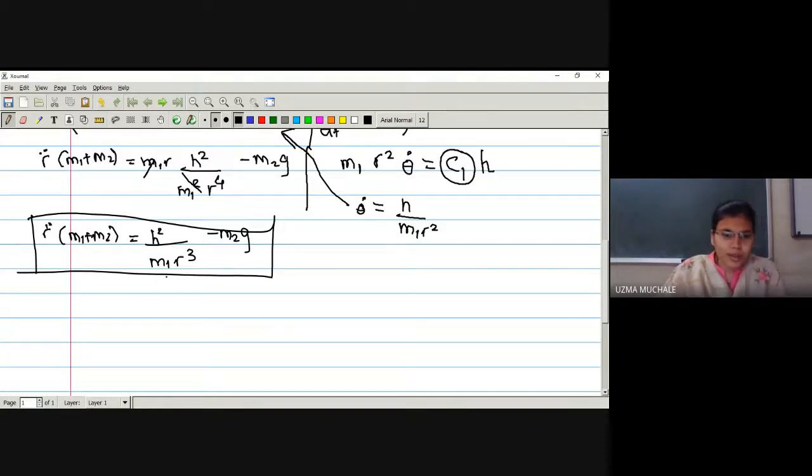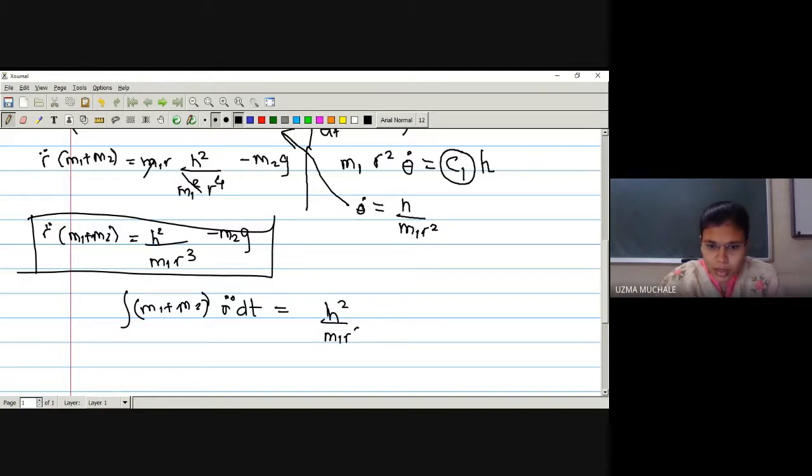Because it is somewhat adjustable. If you want to integrate, it is m1 plus m2 as it is. Correct? So here it will be r double dot, and if you integrate with respect to t, dt equals, here is a term h square divided by m1 r cube.